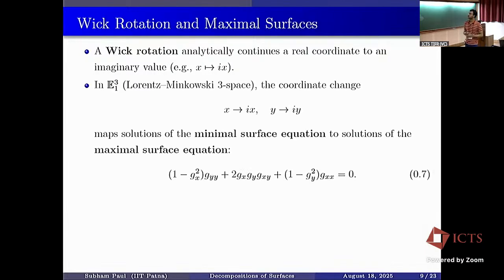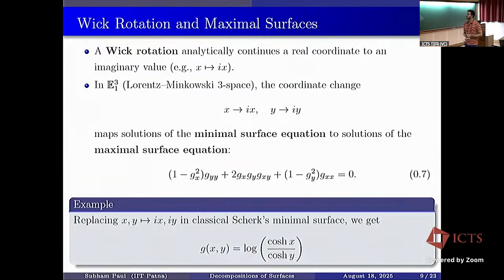Now in Lorentz-Minkowski space, if we change the coordinates x to ix and y to iy, then any solution to the minimal surface equation, after this Wick rotation, will solve equation 0.7, which is the maximal surface equation.